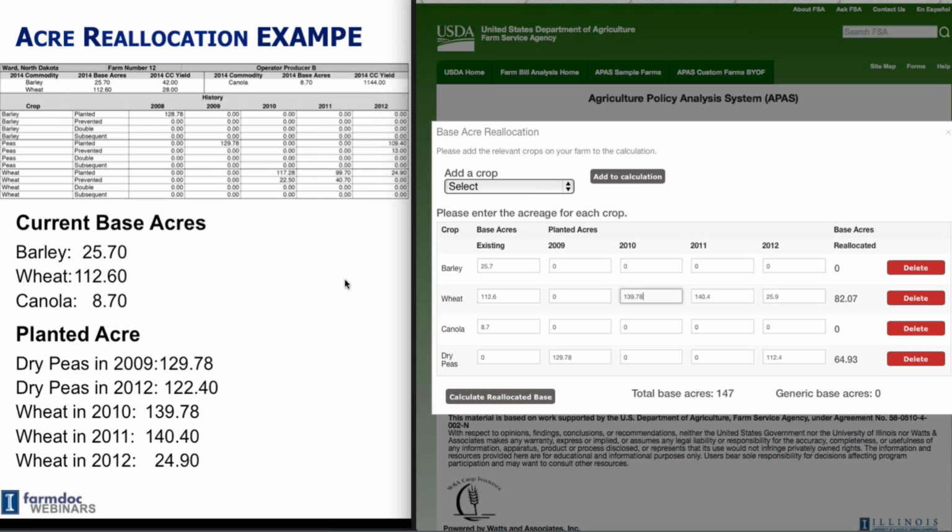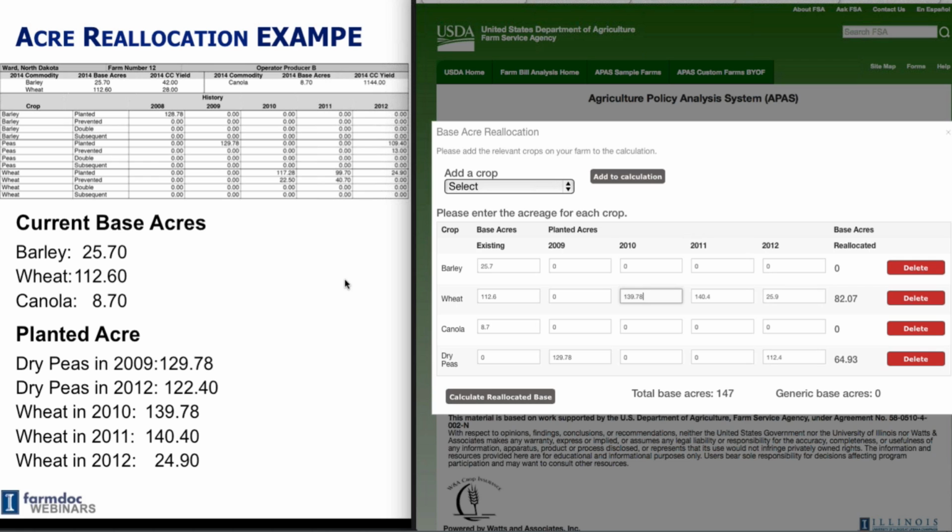If you rotated crops, the way that's treated for payment yields, Gary kind of addressed that in his example: if you were rotating corn and soybeans in a 50-50 rotation on that FSA farm during the 2008 to 2012 period, planting everything to corn one year and everything to beans the next, you're only going to have either 2 years of yields or 3 years of yields over that 5-year period.